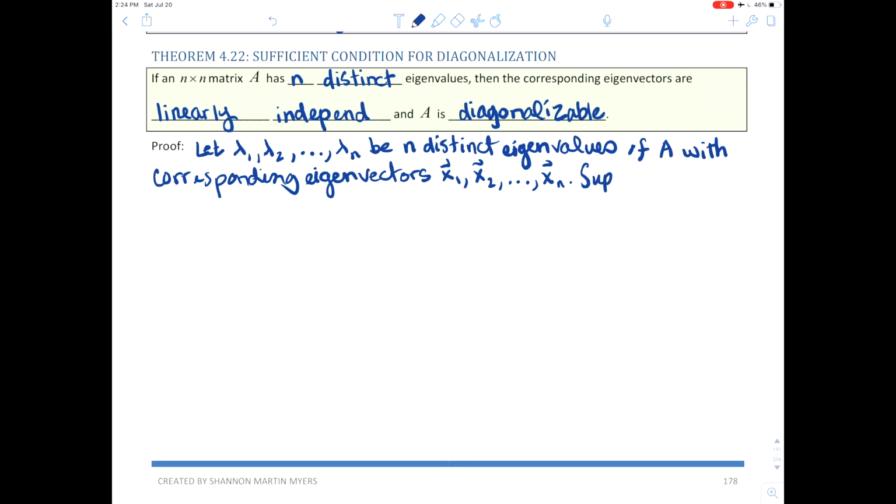Why don't we suppose this set of eigenvectors is linearly dependent.